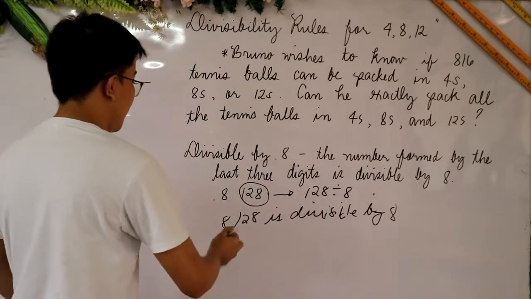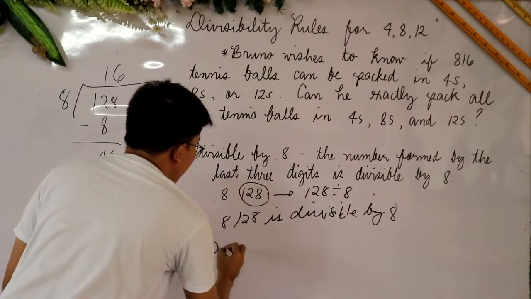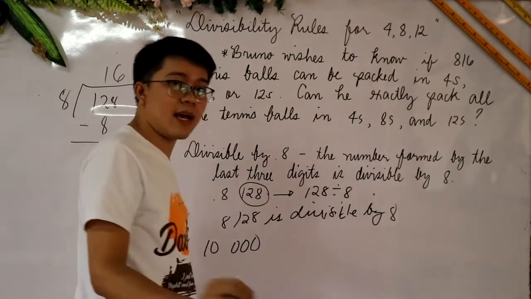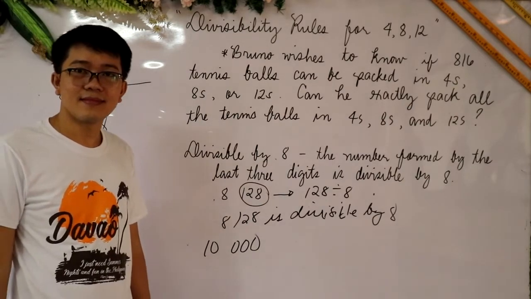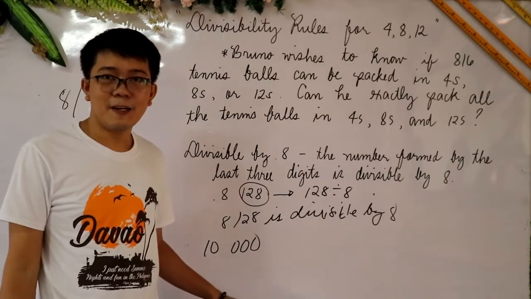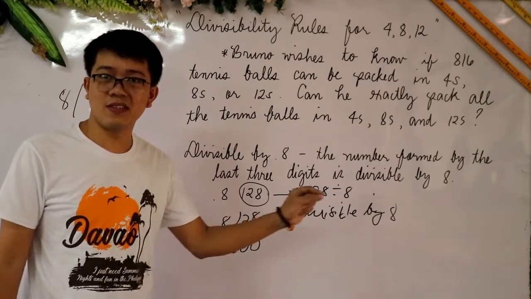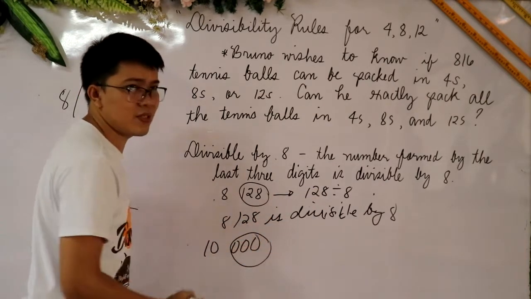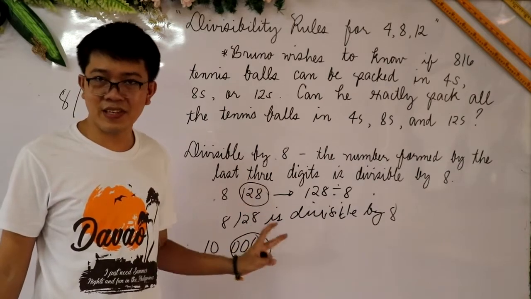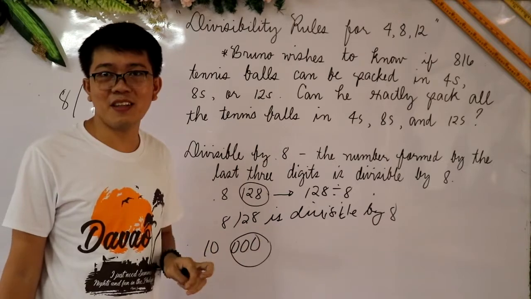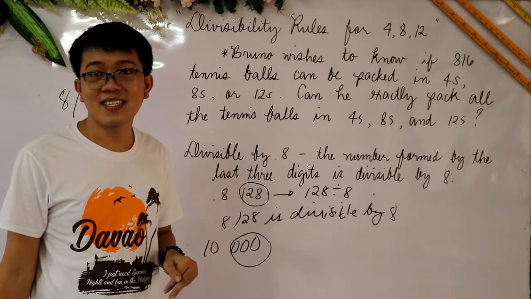How about 10,000? Like 10,000. What do you think? Yes, you already see the last 3 digits. All zeros. You have 0, 0, 0. Do you think these 3 zeros are divisible by 8? What is 0 divided by 8? It's 0.